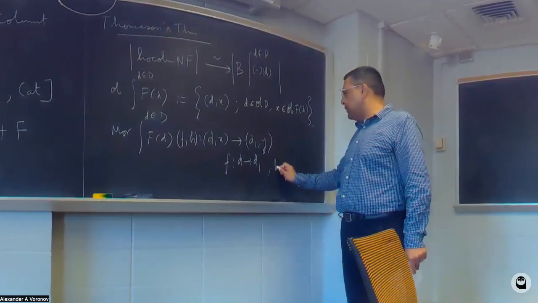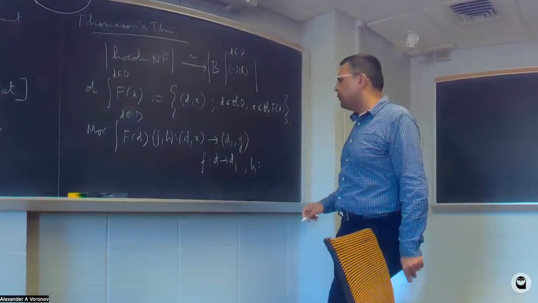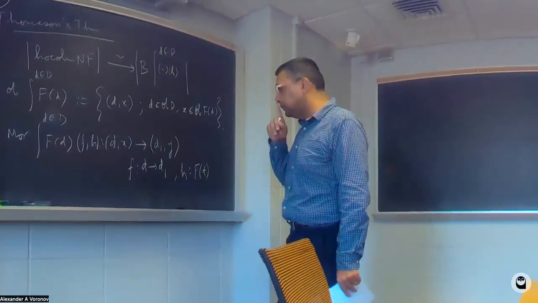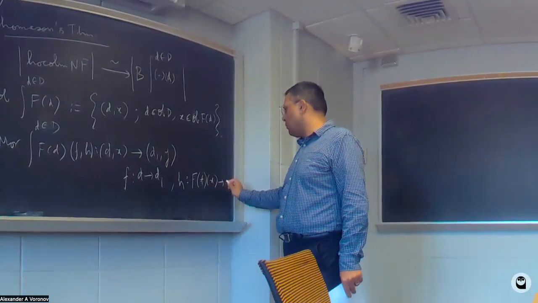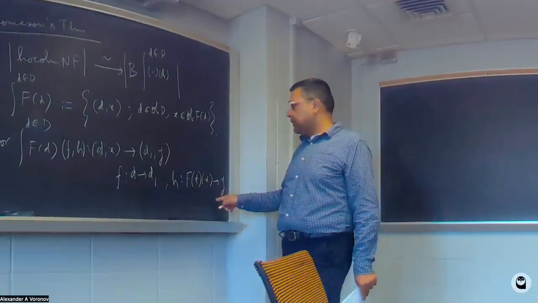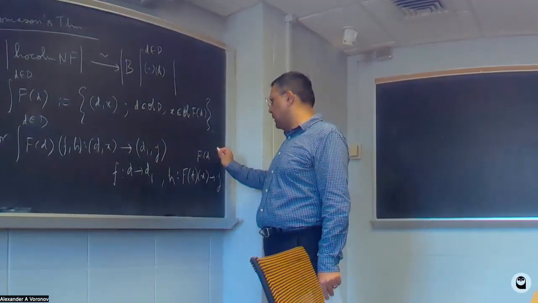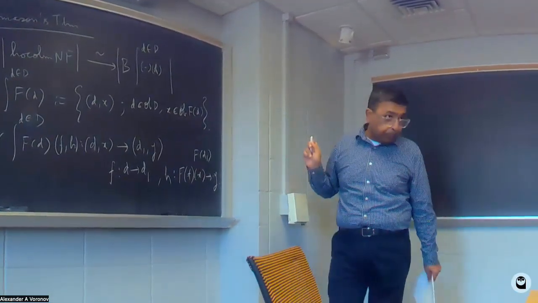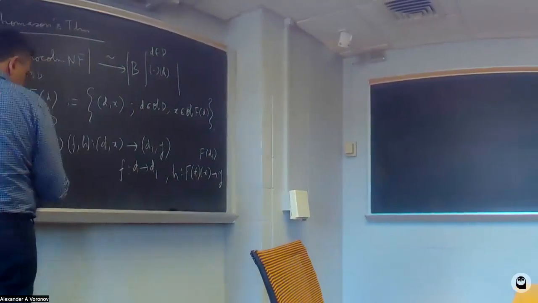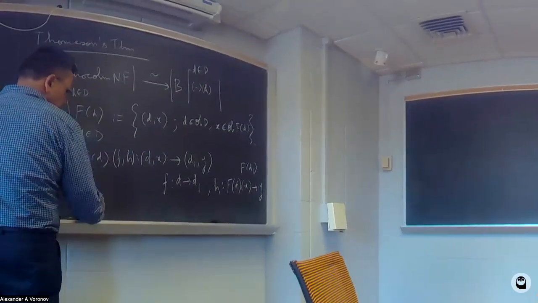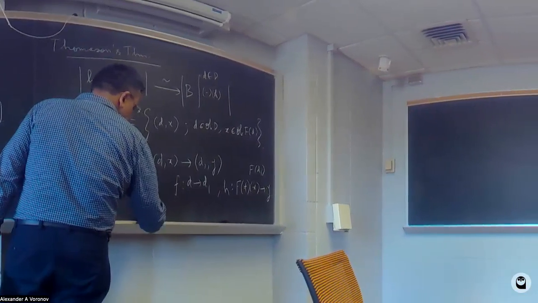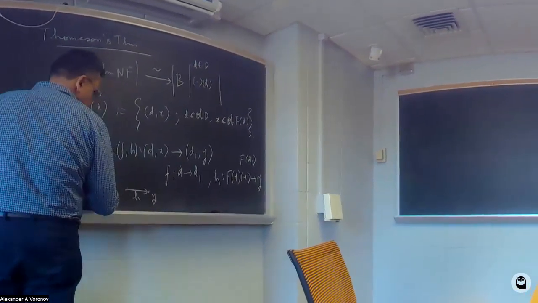And h here is a map that goes from... and this is a map in... So diagrammatically, I can define this thing as x, and here is the arrow h, y.